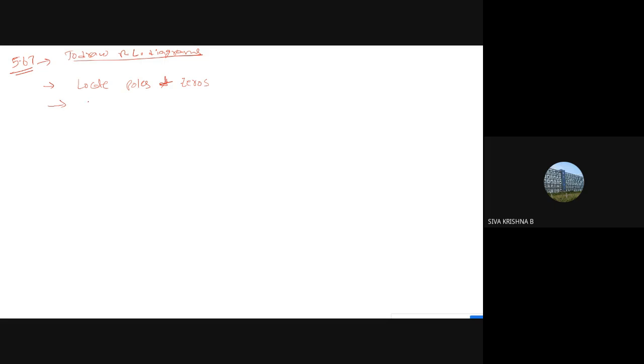After locating those, you have to identify the root locus branches. The next step is to find the asymptotes. After that, we find the centroid. Right.